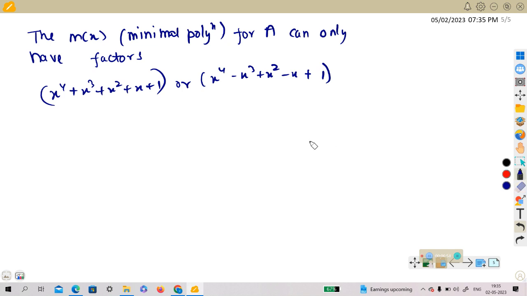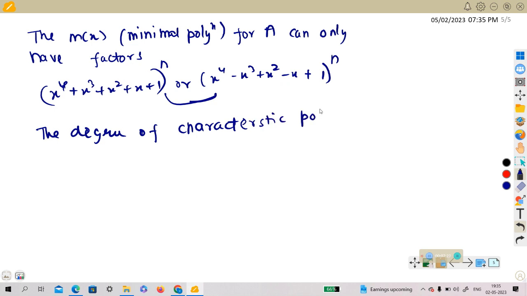We also know the characteristic polynomial is a multiple of the minimal polynomial, because the minimal polynomial divides every annihilating polynomial. So the only possibilities for the characteristic polynomial are powers of these, or their product. In each case, the degree of the characteristic polynomial will be 4n.